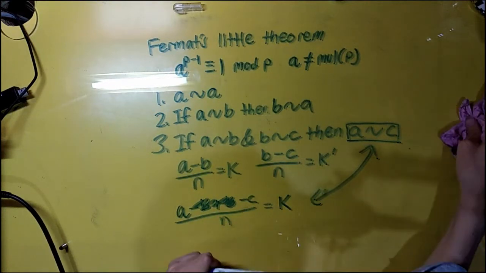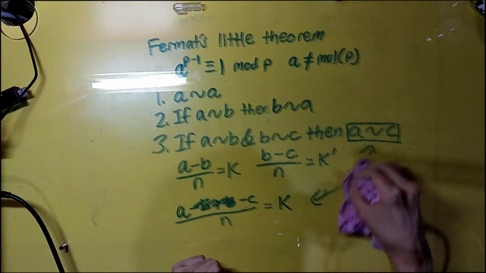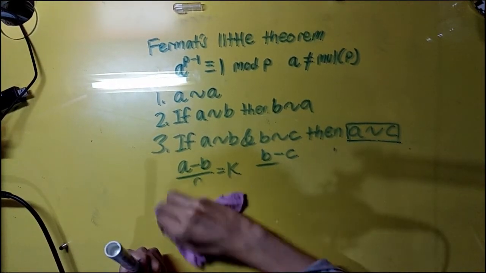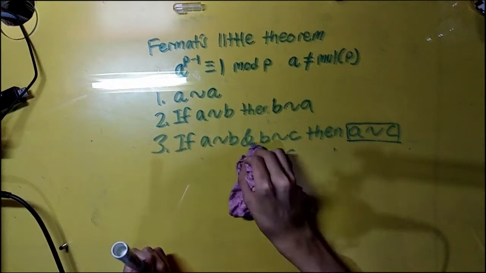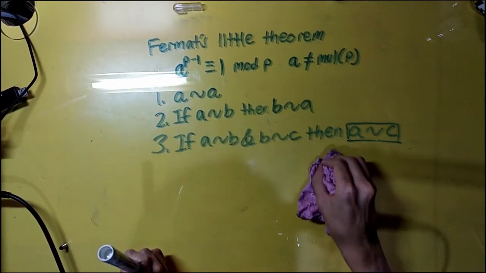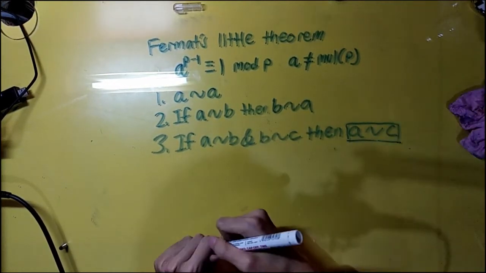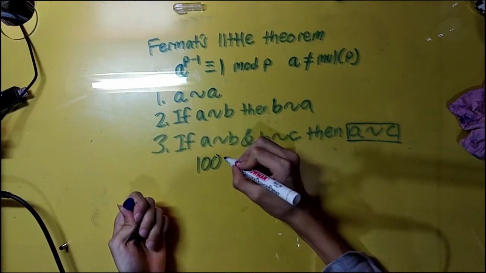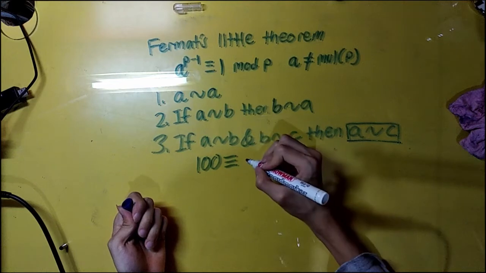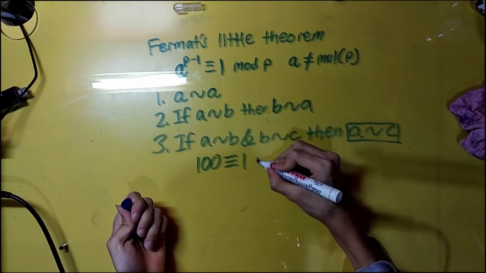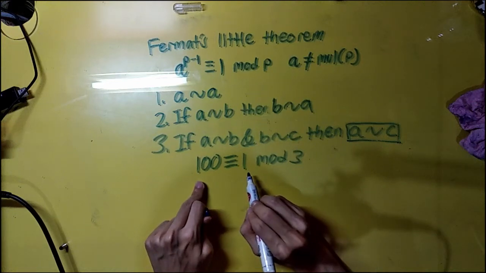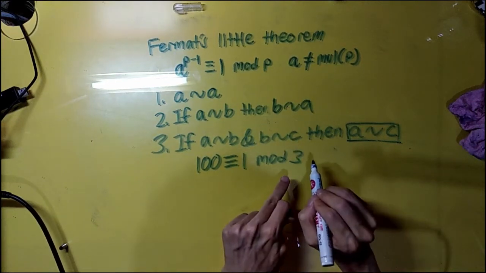Now, statement number 3 is the most useful of them all. And we're going to highlight that with a simple example. Basically, if we know that 100 is congruent to 1 mod 3, this is true because 100 minus 1 is 99, and 99 is divisible by 3.